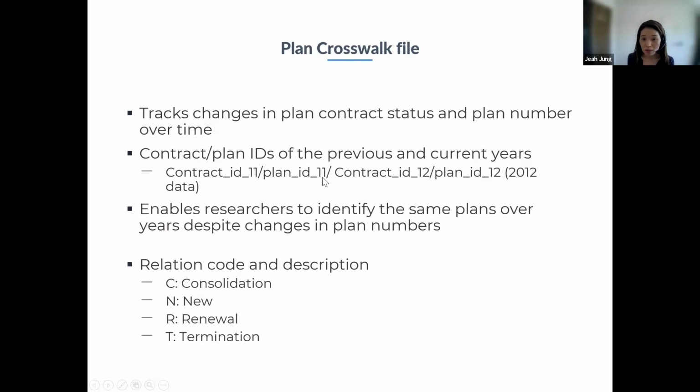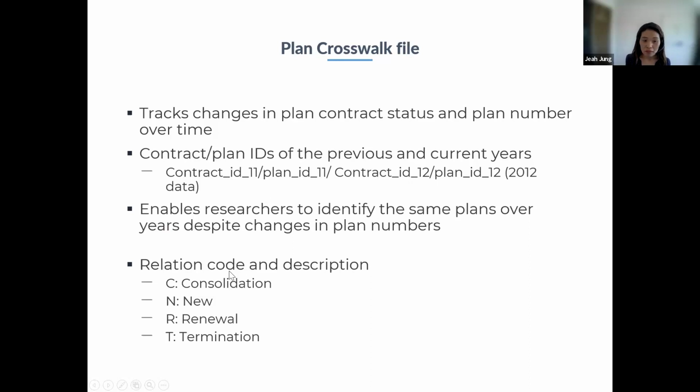And this is oftentimes useful because when they change their plan ID numbers, or when they consolidate, if there is M&A going on, you still want to say that this plan was merged into this plan into 2012, and you can follow that, oh, they're still in the same contract or same plan.